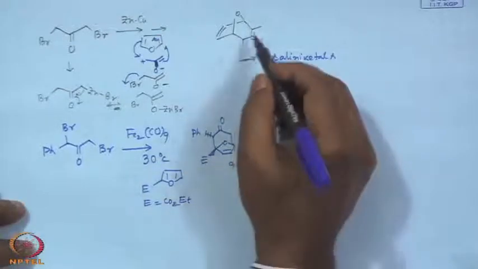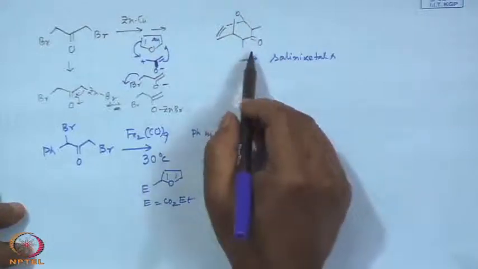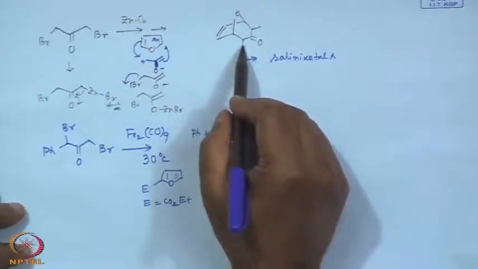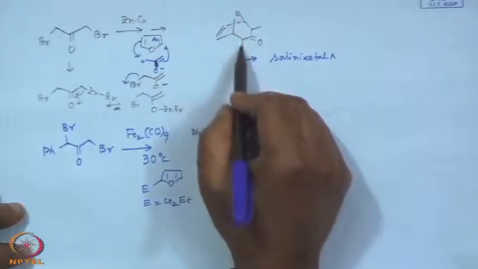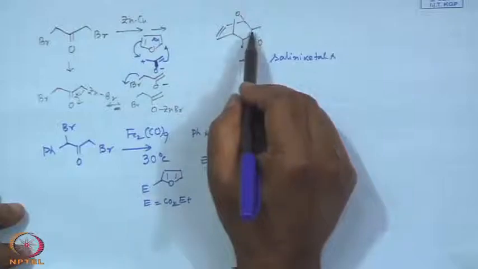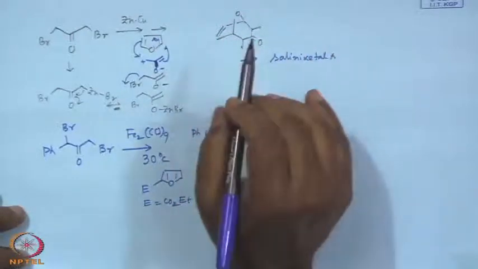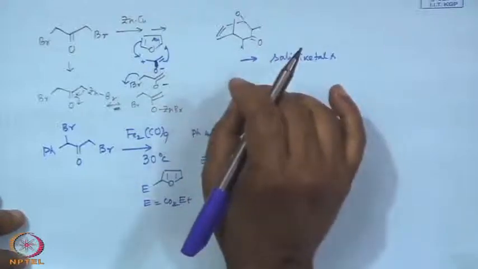That means you will have alpha, see, for example, in the previous case these methyl groups can be alpha to this oxygen, or beta to the oxygen. Similarly this one, and then both alpha, both beta, all kinds of permutation combinations would be possible for these. That is the drawback of these 4+3 cycloaddition reactions.